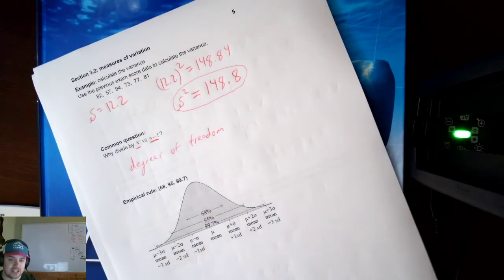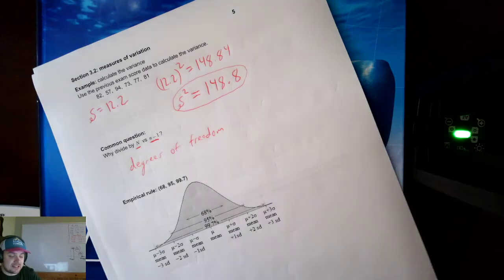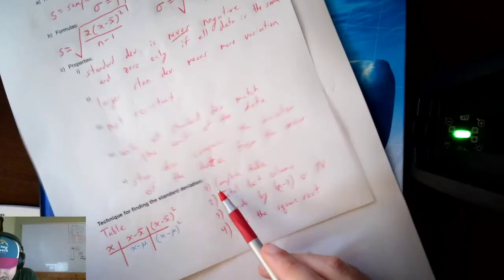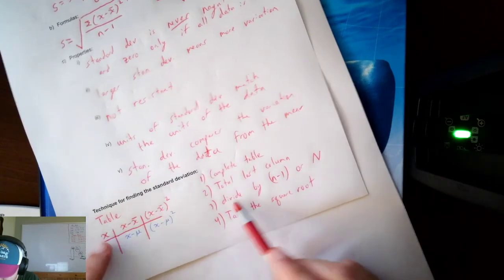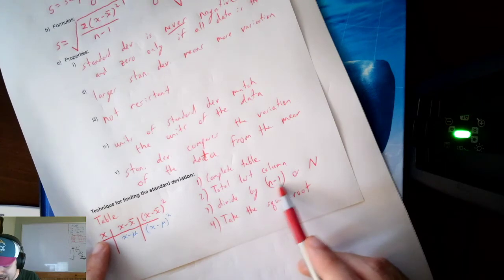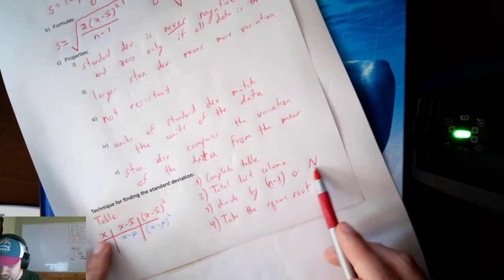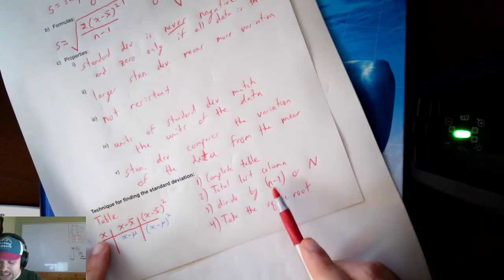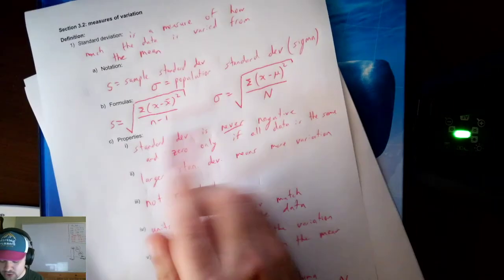That's the only difference in the standard deviation. If we go back to our standard deviation technique, the only difference is when you divide. If you're doing a sample, you divide by n minus 1. If you're doing a population, you divide by the whole n.